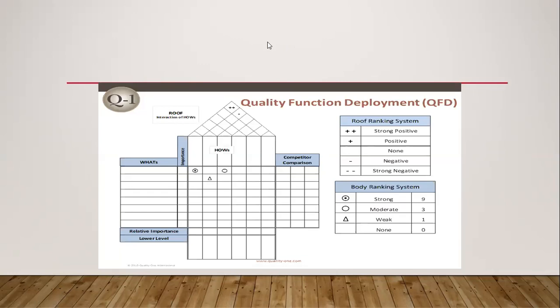This picture clearly tells about the QFD form or template. Whatever I gave you in the previous slide is just a small nutshell. It measures what the customer exactly requires, what the major targets fixed by the company are, and how the company is going to manage the expectations of the end user.